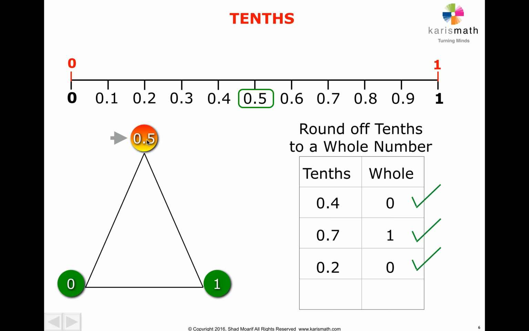We know that rolls forwards and it'll roll all the way down to 1. So we say 0.5 will be representing 1 whole. There you go. You get the idea? So look at the scale and we will extract all the information we want to make approximate in terms of whole numbers by looking at these decimal numbers, which are all in tenths.